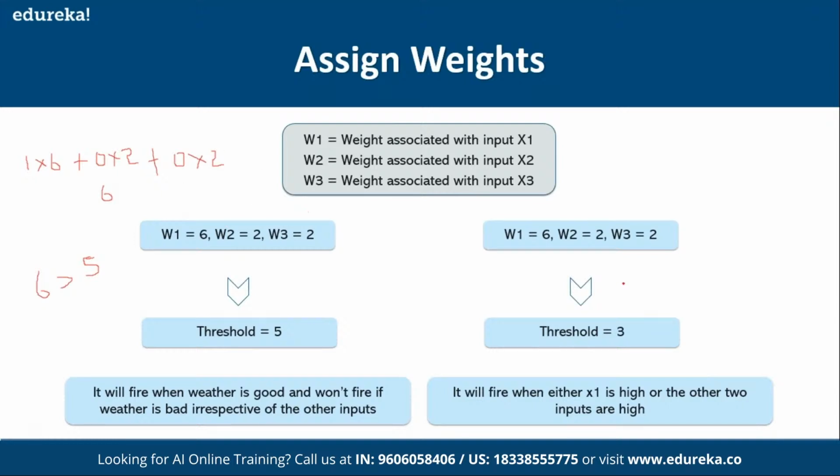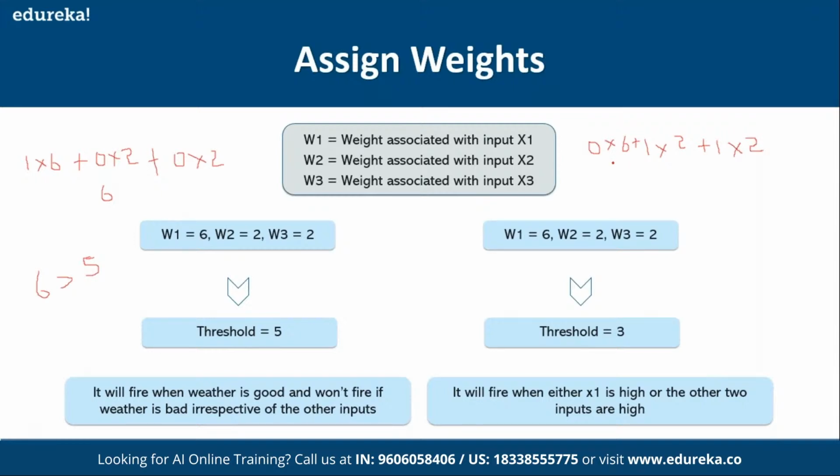Assume we change the threshold; we are not changing the weights, which remain 6, 2 and 2. Now we say in this case the weather is bad, which means 0 into 6. Assume the spouse is accompanying you for the beer party, which is 1 into 2, and public transport is available, 1 into 2.